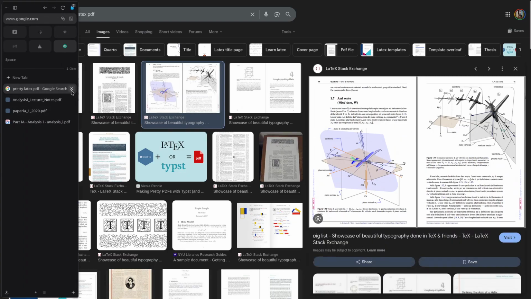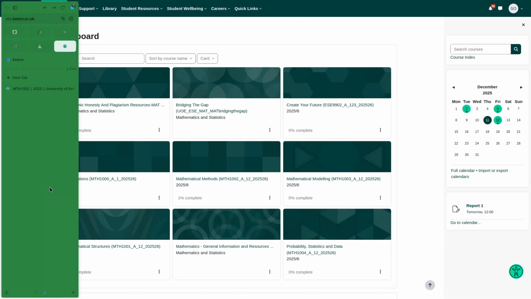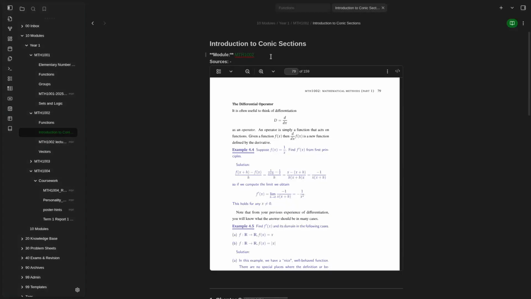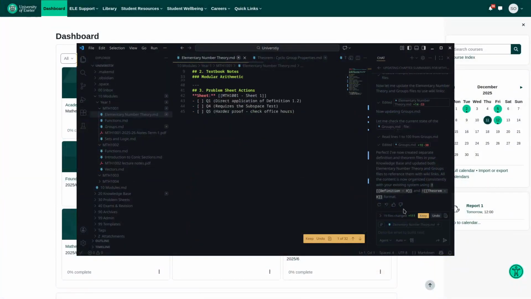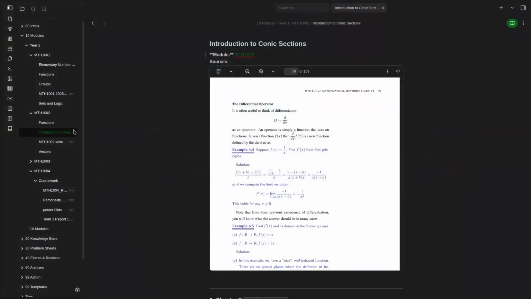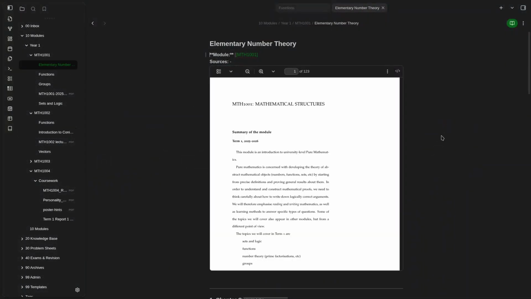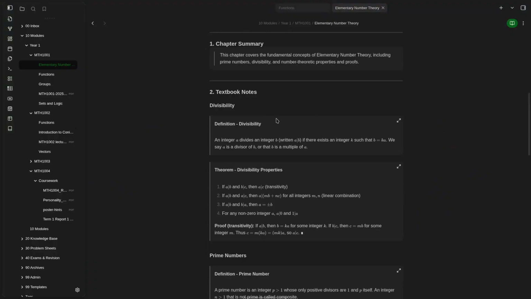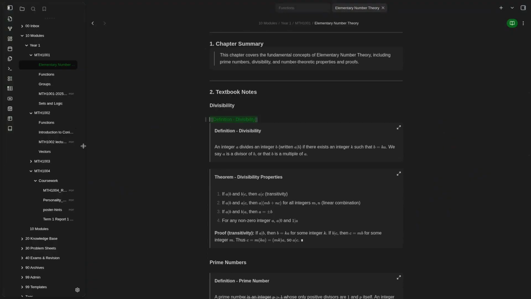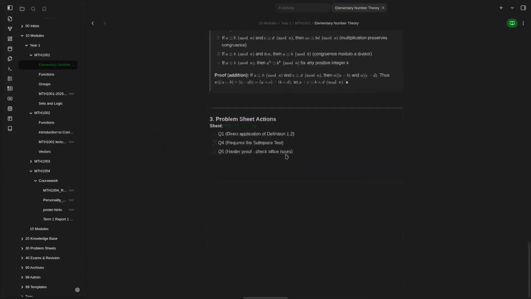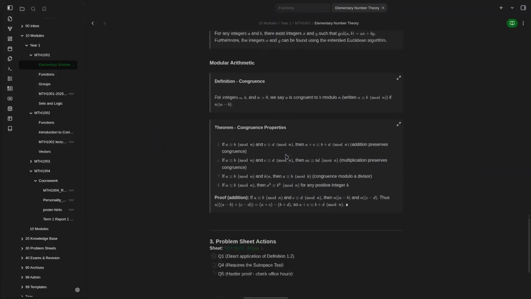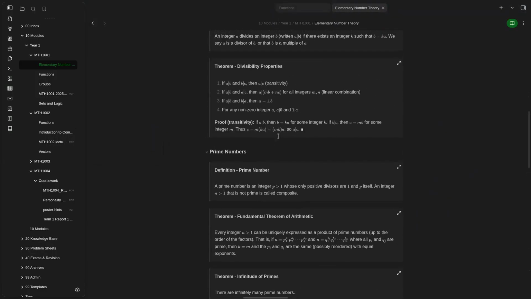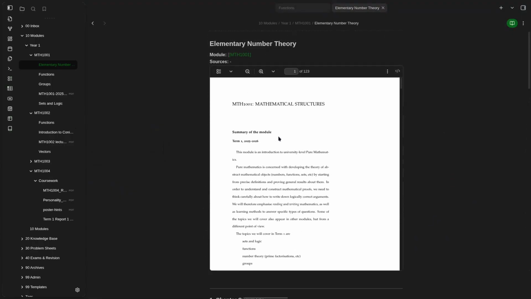Anyways, right. So we need to get started on doing something. Did this actually do something? Okay, we will see what it did. In elementary number theory, where is it? Not bad. Okay, fair. I dig it.